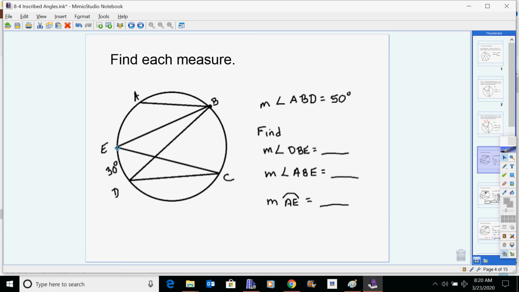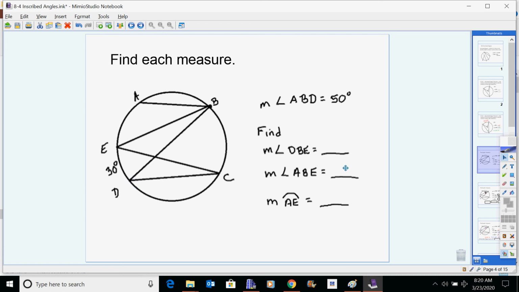But we're also given that the measure of arc ED is 30 degrees. If you see a degree measure on the outside here along the circle, that's telling you how big this arc is.